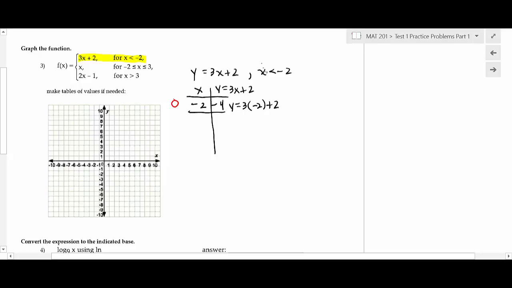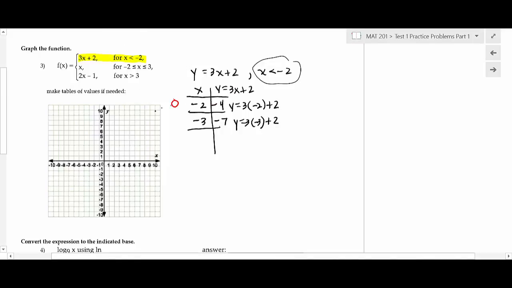And then we can take another number. We have to be less than negative 2, so let's go with negative 3, just kind of keep it simple. So we would have y equals 3 times negative 3 plus 2. That's negative 9 plus 2, so that's negative 7. So what we can go ahead and do now is graph that.